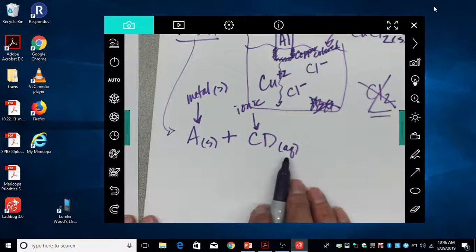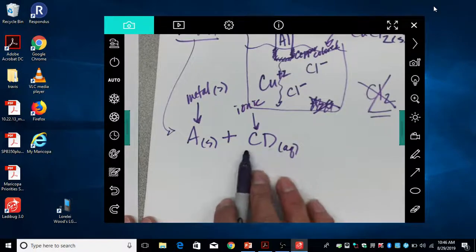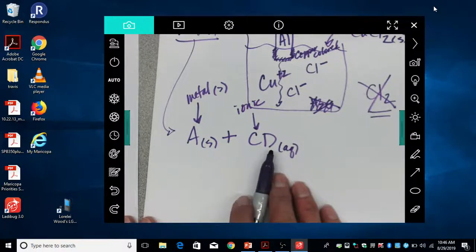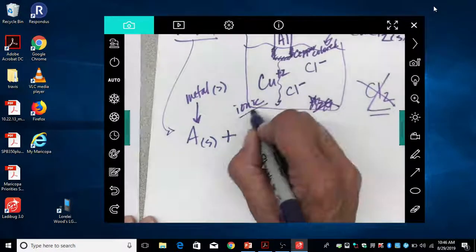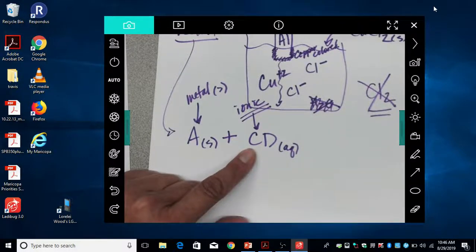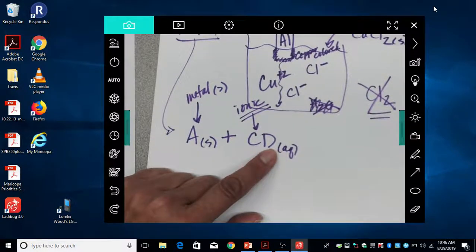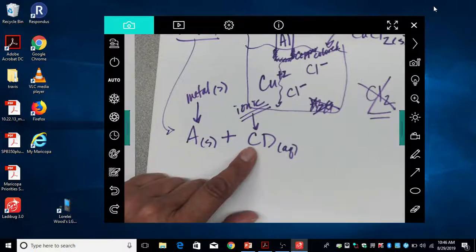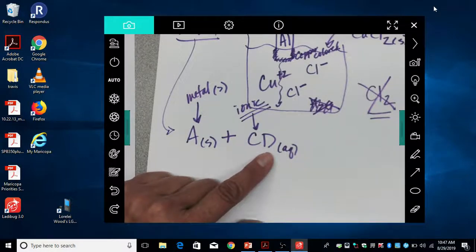And since you see aqueous solution, that means you have ions of C and ions of D now floating around in your substance. If it's an ionic compound, is C going to be a metal or a non-metal? Metal. What's D going to be? Non-metal. So C is going to have what kind of a charge usually? Positive, and D would have a negative charge.